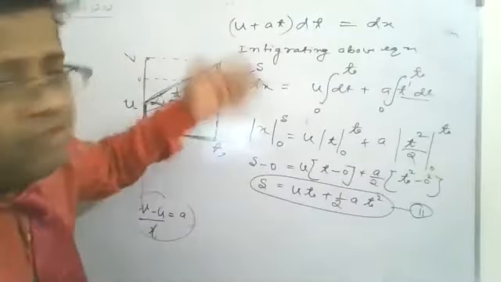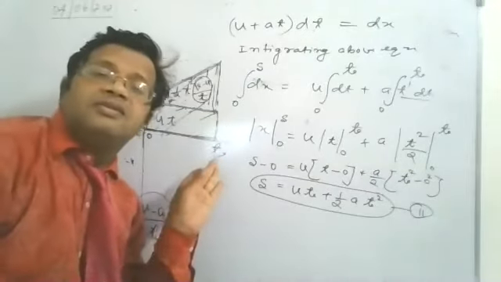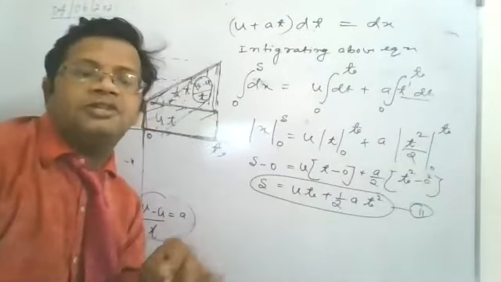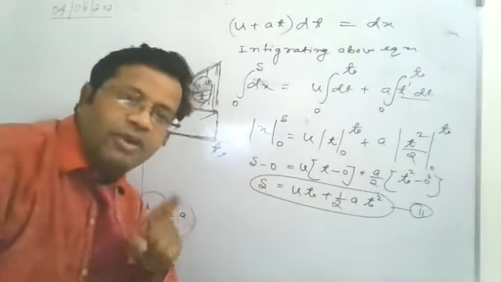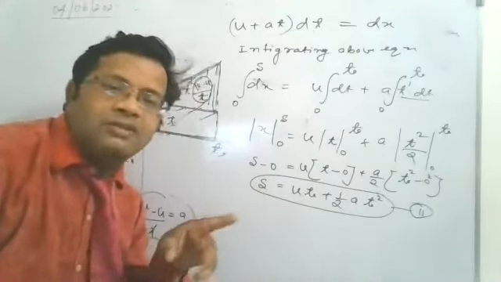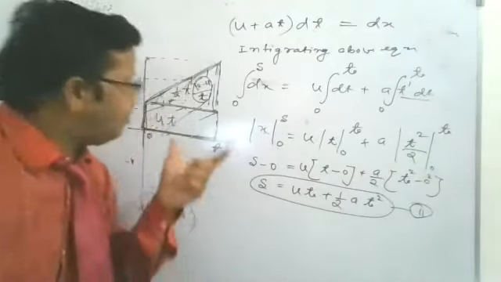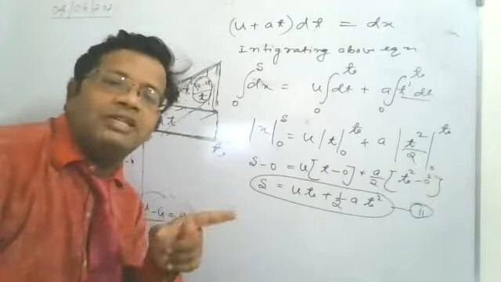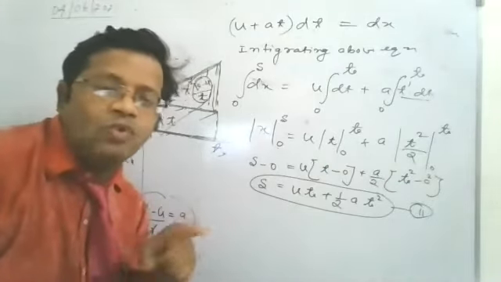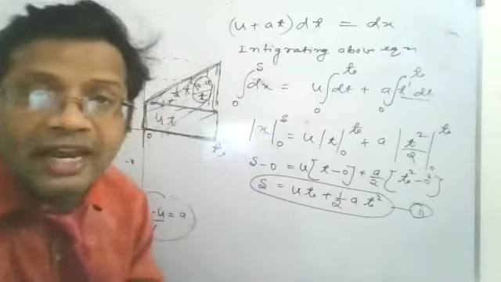But here we have derived this by using integration and differentiation method, that is calculus method. So in class 11 you will be asked to derive the formula by calculus method, not by graphical method or not by the simple formula method. You will be asked to derive by use of this calculus method. Now this is the second formula.